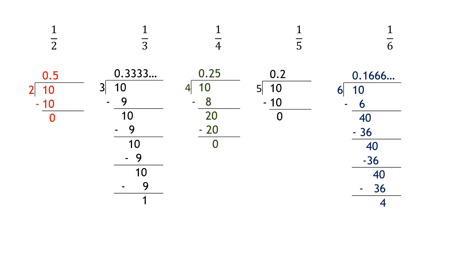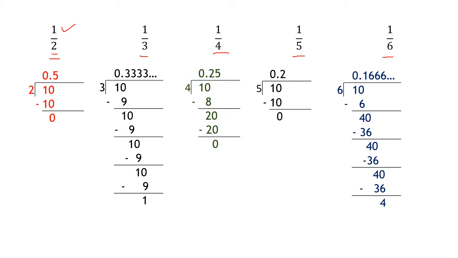So here I have taken different fractions. I have kept them simple: 1 upon 2, 1 upon 3, 1 upon 4, 1 upon 5 and 1 upon 6. So here 1 is the dividend and 2 is the divisor.